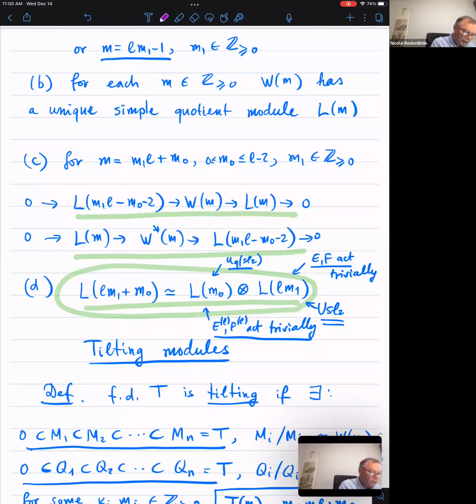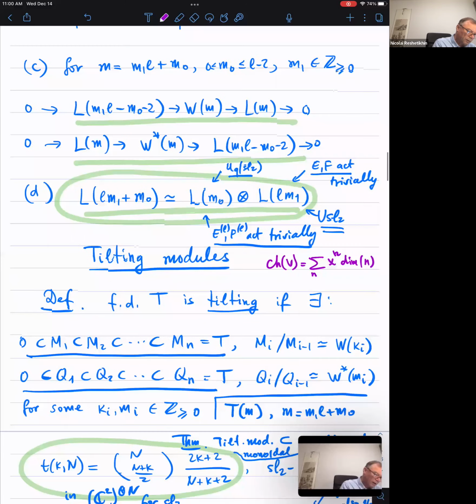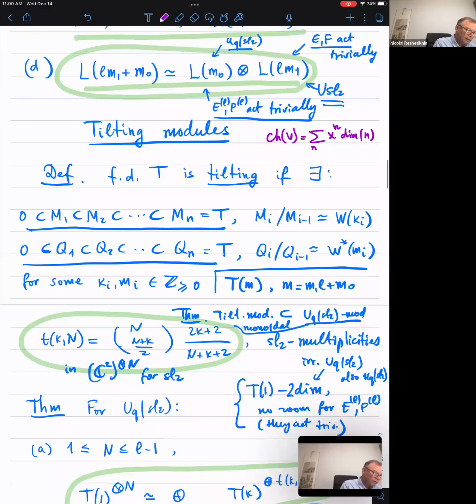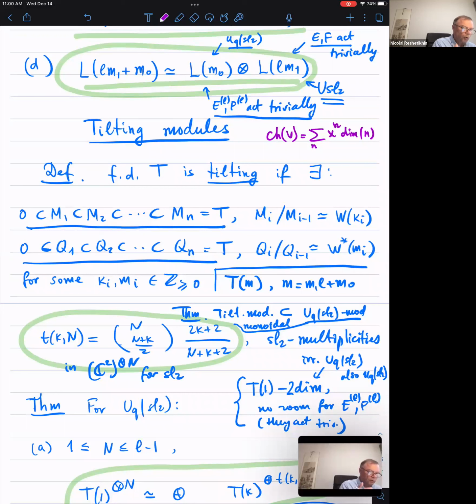So the formal character of V is just the sum over all weights of this module, of some formal variable x to the weight, times the dimension of this weight subspace. It's the same as in the representation theory of simple algebras: you can define formal characters that turn into normal characters if you lift to a group, but sometimes you cannot lift it to a group, so the usual character as a trace of representation doesn't make sense, but you can still define these formal characters for various purposes.